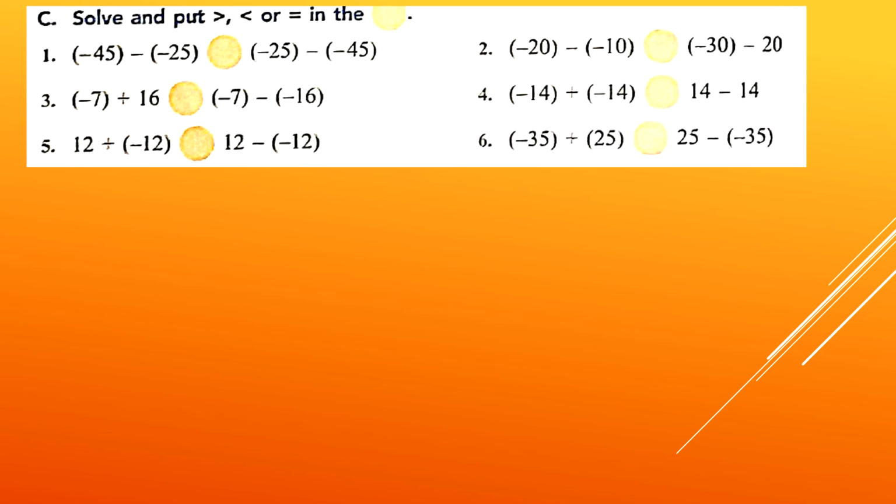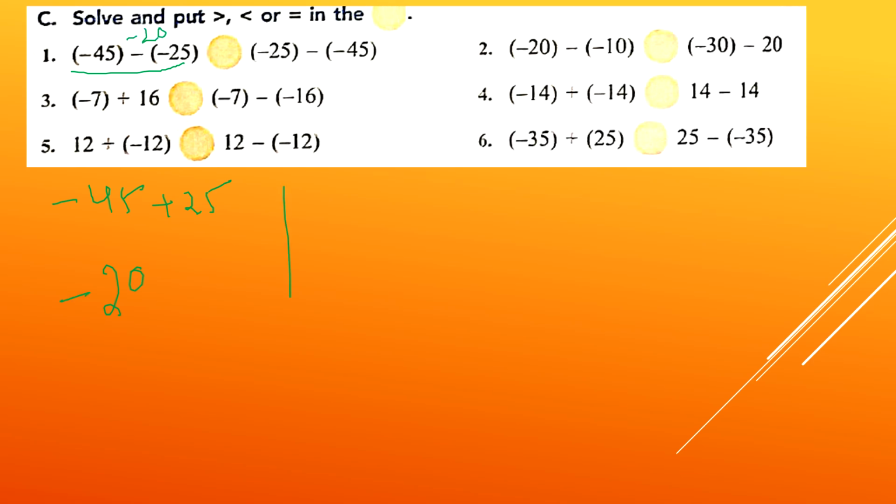We have to solve and put greater than, smaller than, or equal to in these equations. So you have to solve them. You can use the previous knowledge that we have. Here we will do minus 45 minus minus, it will come out as 25. You have to subtract the numbers since both of them are opposite in nature. So this becomes minus 20.